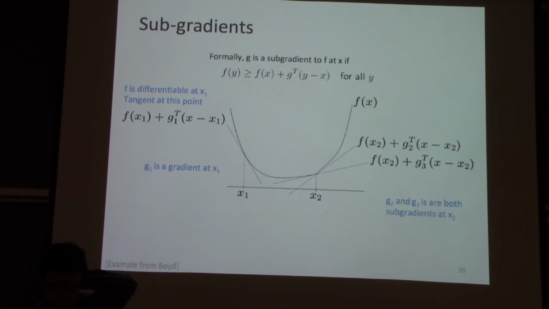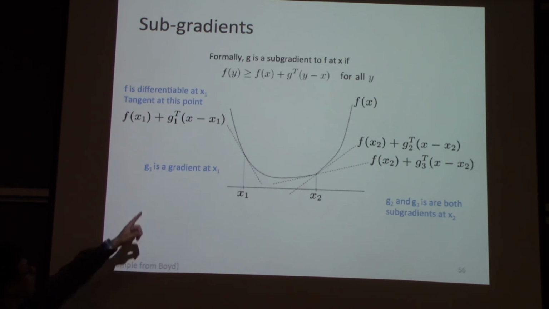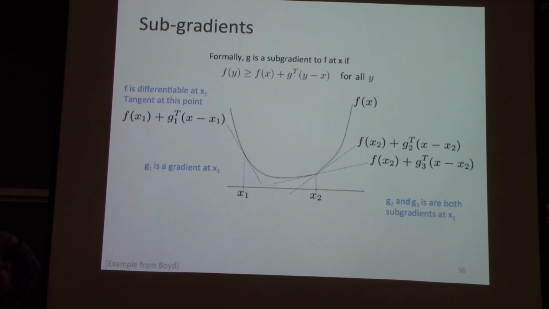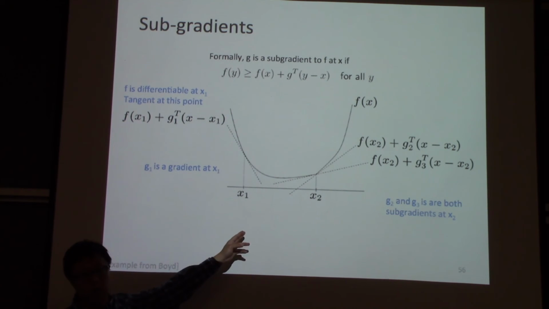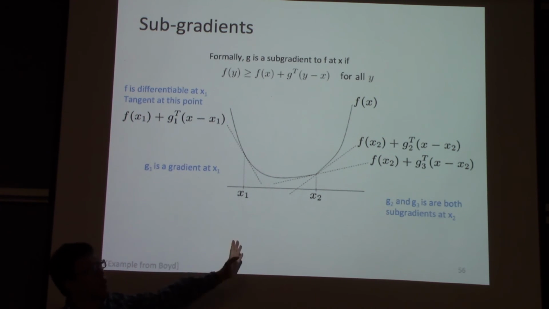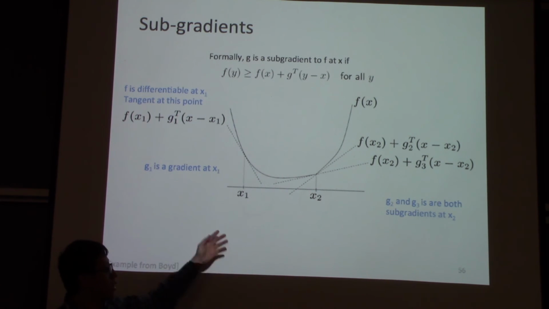For a smooth point, you can find only one tangent, and the slope of that tangent gives you the gradient. In fact, it can be seen as a definition: if you can find a vector g such that this inequality holds, then g is a gradient or a subgradient. In the first case, you can only find one such g because there's only one tangent. If you perturb it, it will not be tangent anymore.